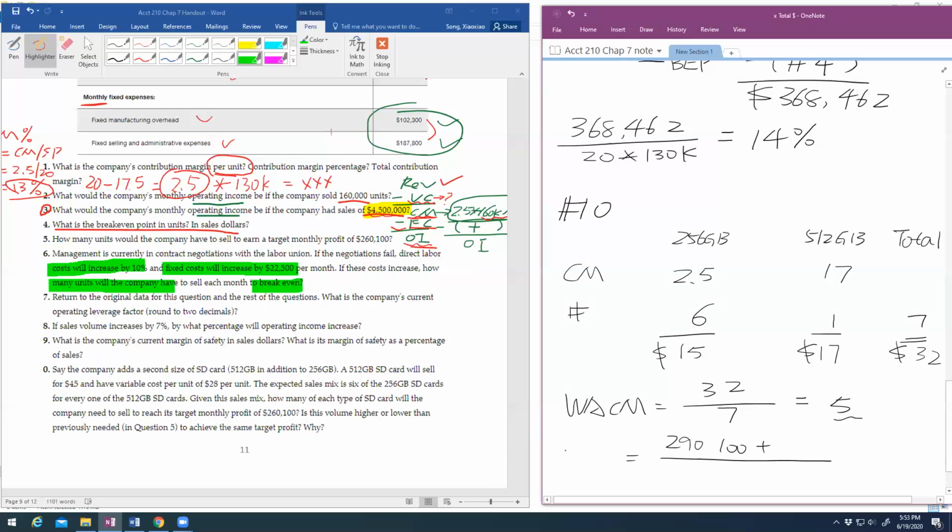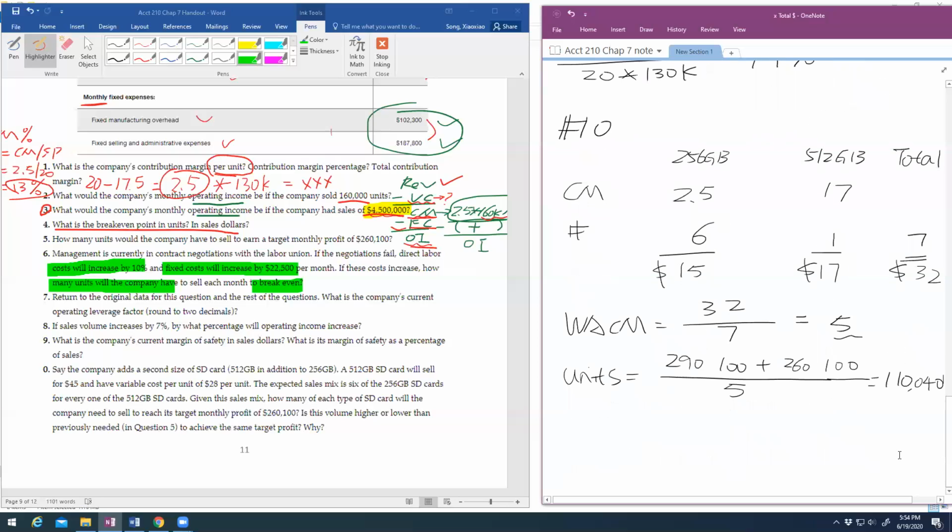So the units will be the fixed cost plus your target operating income, 260,100. That will be your numerator. Your denominator is your weighted average contribution margin. So you get around 40 units.